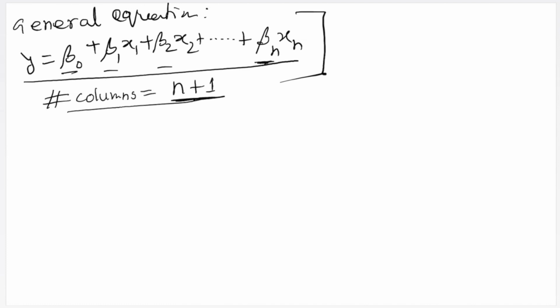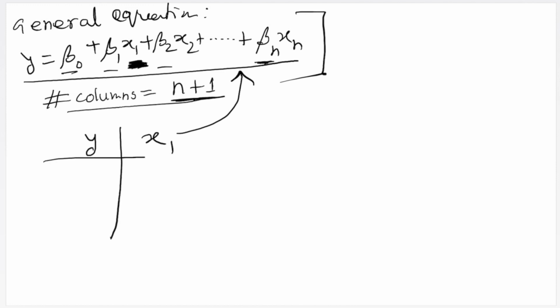Now let's say that we have a data set where we have the dependent variable y and one independent variable named x, or in a sense we can call it x1 if we want to make sure that it matches with the general formula, because in the general formula the first independent variable we have is x1.